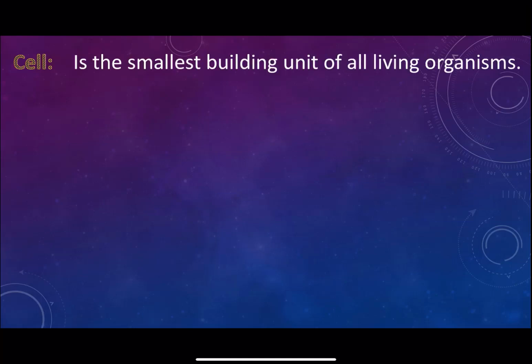If you remember, we took the definition of the cell in our first lesson, the digestive system. And we said that the cell is the smallest building unit of all living organisms. Today, we have a new definition for the cell.